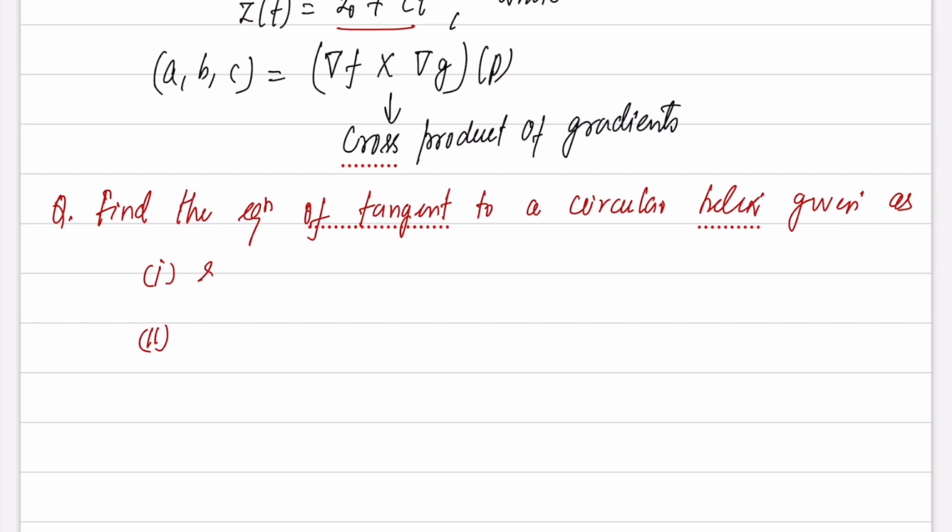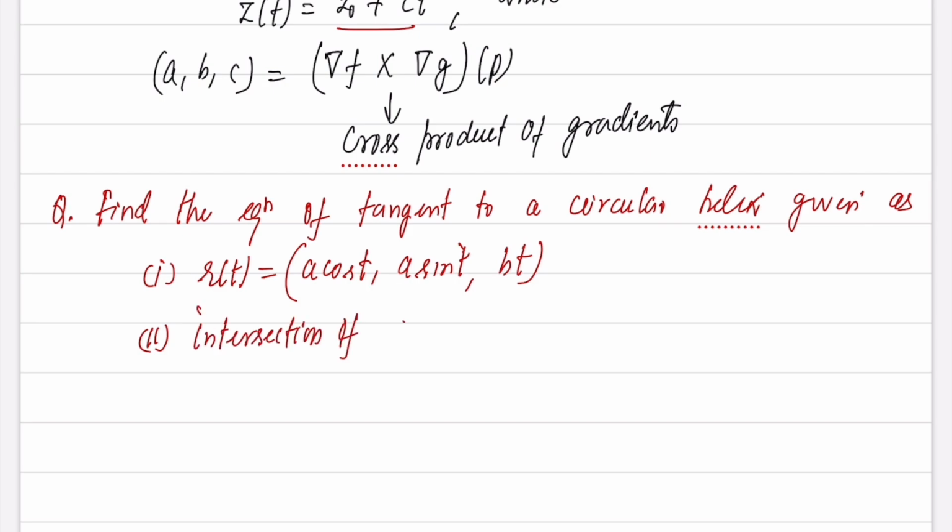Given as r of t equal to a cos t, a sin t, bt, which is in fact a circular helix wrapped around the z axis, and we will also take it as the intersection of two surfaces: x square plus y square equal to a square, and let's say x is equal to a cos z by b.